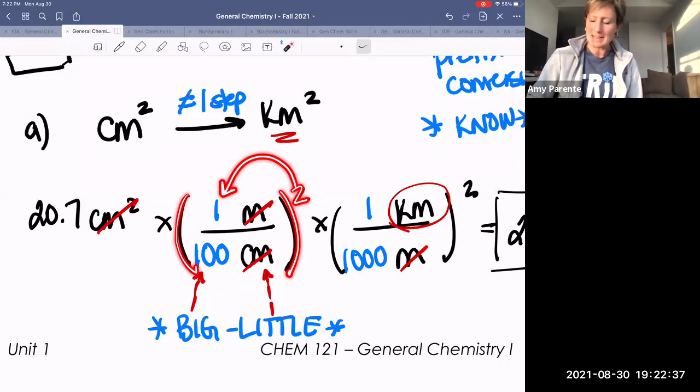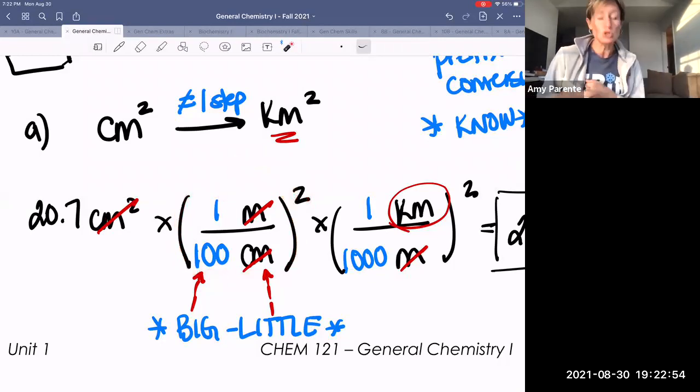So to make this 1 meter squared on top, it's actually going to be 10,000 square centimeters on the bottom. I keep saying cubic because we did cubes today. Apologies if I've been saying cubed here. This is square. So those are 2 common places that people make mistakes: they don't have the big-little relationship, and when a unit needs to be squared, you have to distribute that square to the unit and the value.